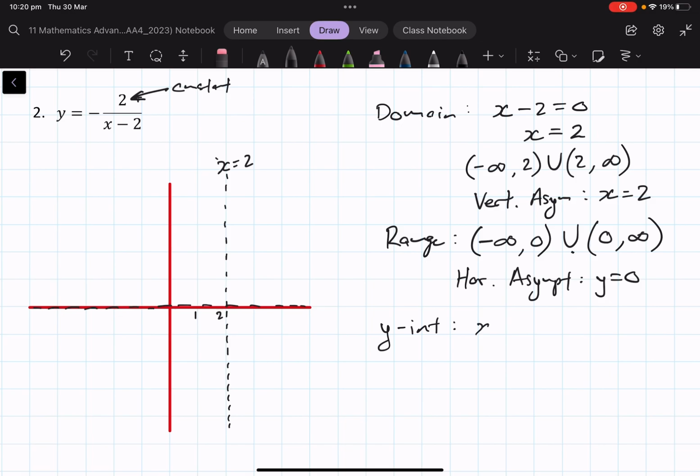So when we have x equals 0, y would equal negative 2 over 0 minus 2. What is that? Coincidentally, I did not mean this to happen, but it also happens to be negative 2 over negative 2, which is 1. I perhaps should have thought of this a bit better. But anyway, that's 1 is what we have. So another y-intercept of 1.